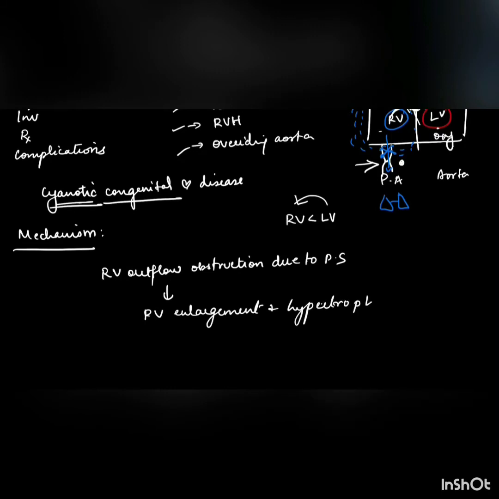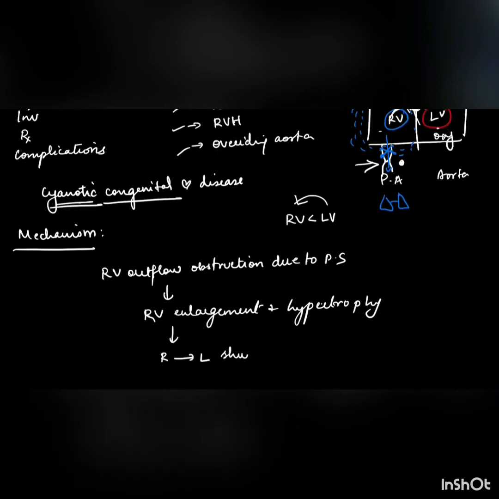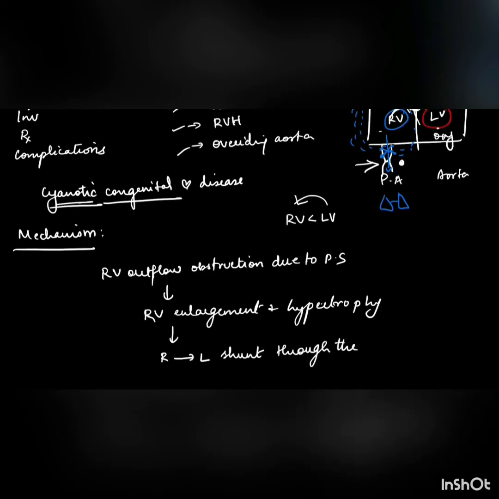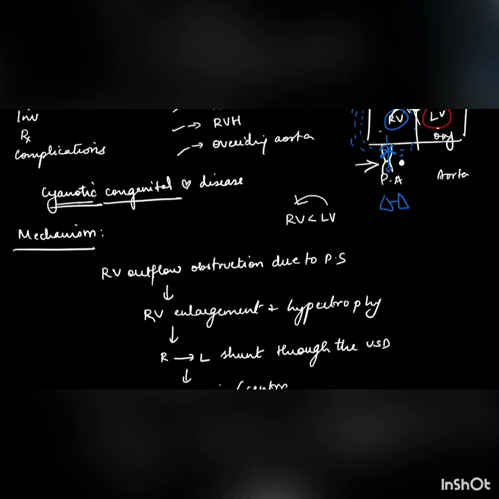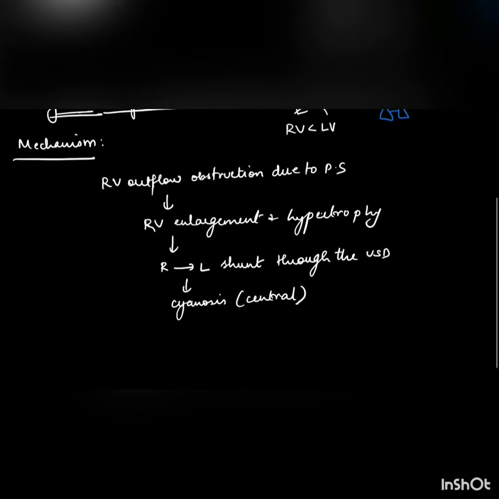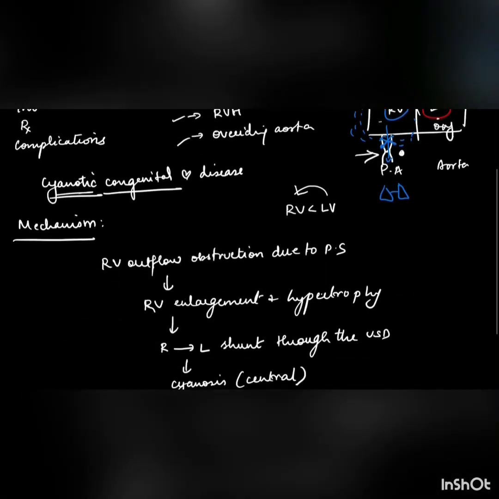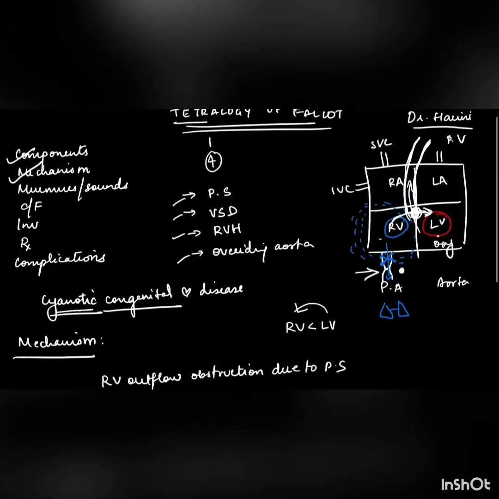And this increased right ventricular pressure invariably leads to a right to left shunt through the septal defect, and this causes cyanosis, which is central in nature because this is happening at the heart centrally, which is leading to supply of deoxygenated blood to the rest of the body. So we're done with the components and mechanism. If you can put it in a flowchart manner, it's easier for you to get marks.